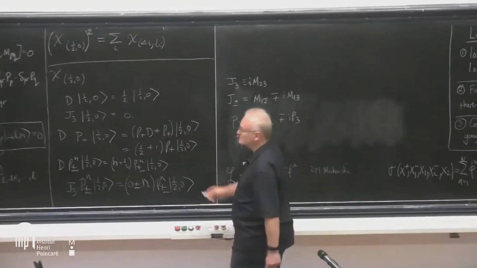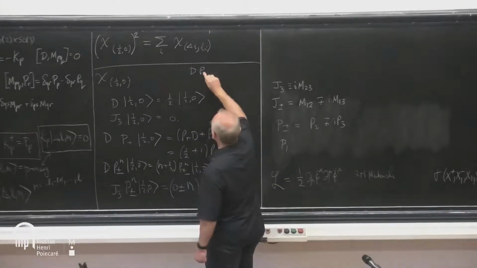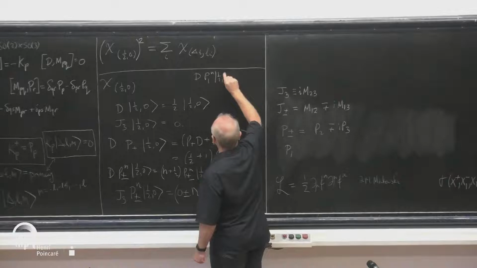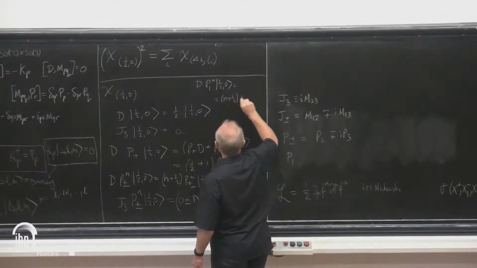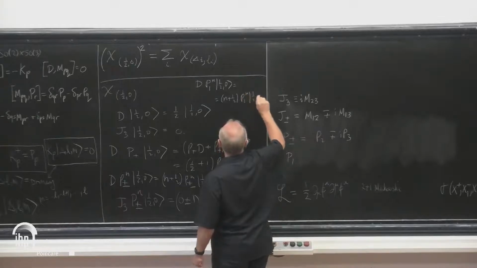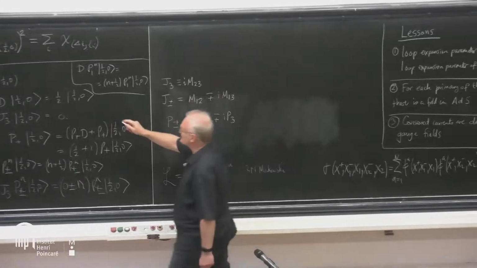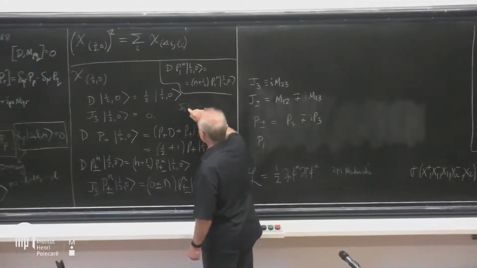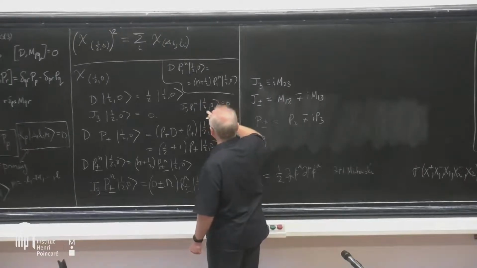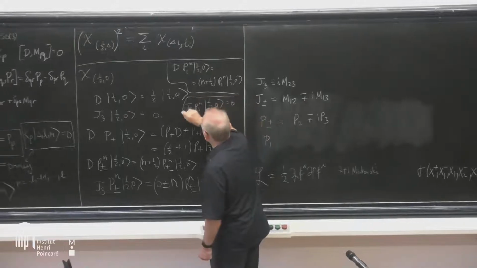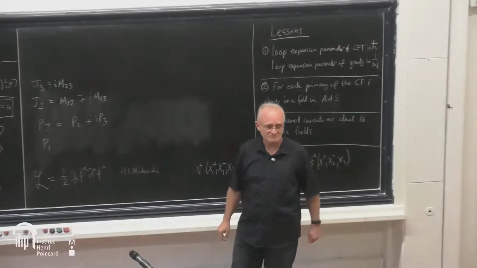D on P1 to the n, 1/2 naught will be equal to n plus 1/2, P1 to the n, 1/2 naught. That's how the dimension goes. And J3 on P1 to the n, 1/2 naught remains 0. So P1 does not increase the J3 quantum number.